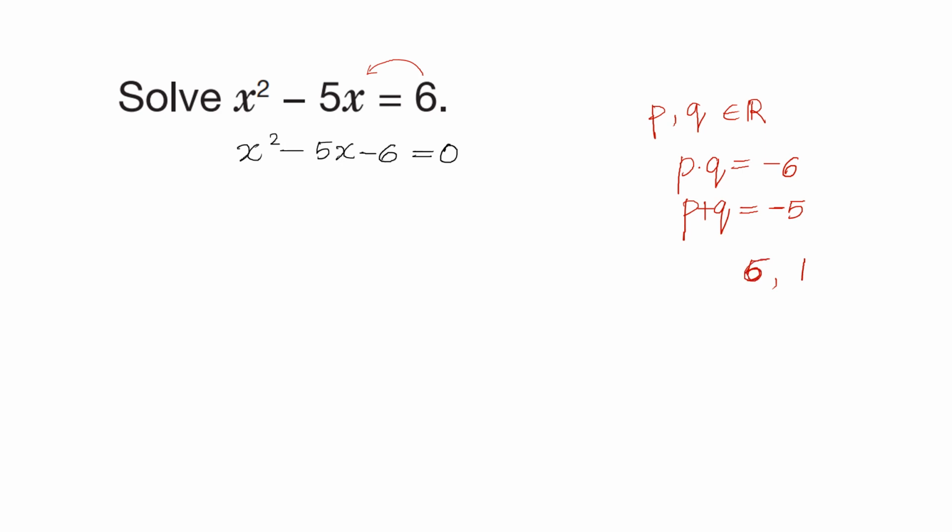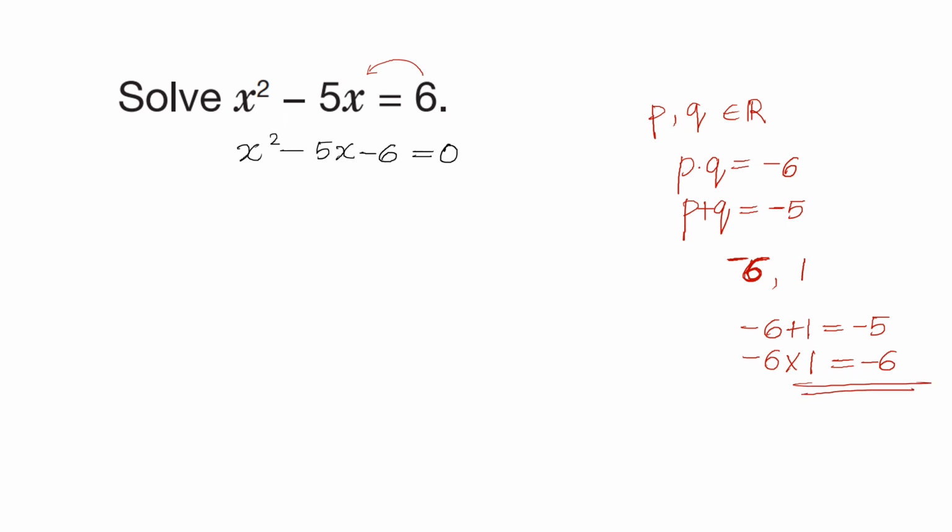If it is 6 and 1, what will be the value? The product is 6. We should make it minus 6, and the sum should be minus 5. So if we give the minus to the highest number, that is 6, the sum is minus 5. That is minus 6 plus 1 will give you minus 5, and minus 6 times 1 will give you again minus 6.